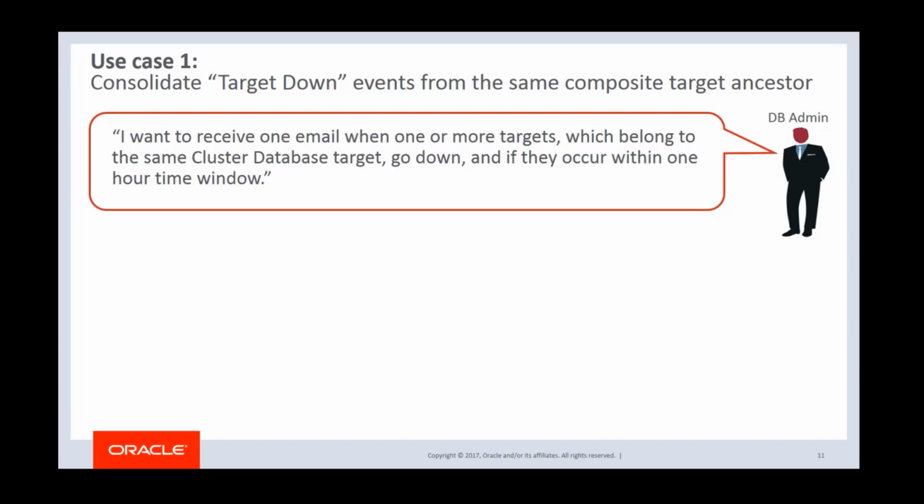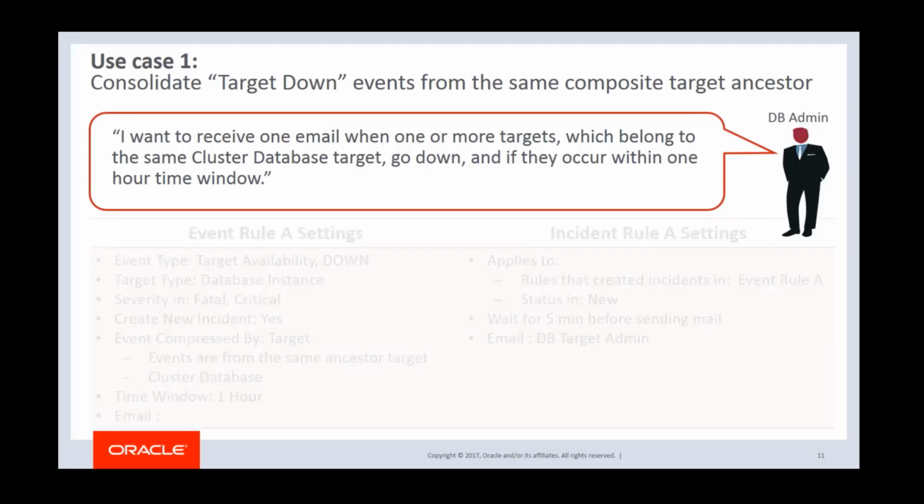But you may still wonder when and how exactly you can use this feature. To understand that better, we have a couple of use cases. The first use case is when a database administrator who manages RAC database systems wants to receive only one email alert when one or more members of the same RAC system go down.